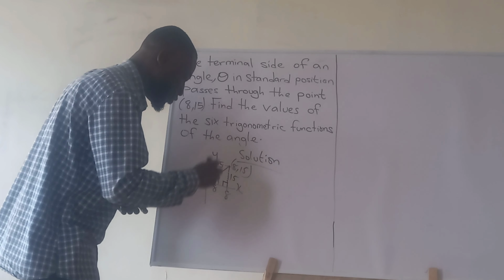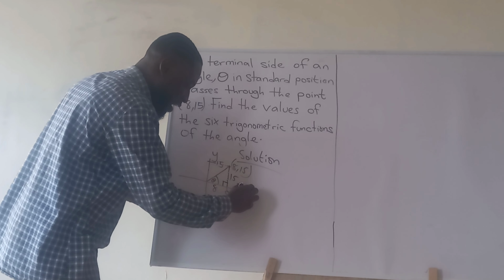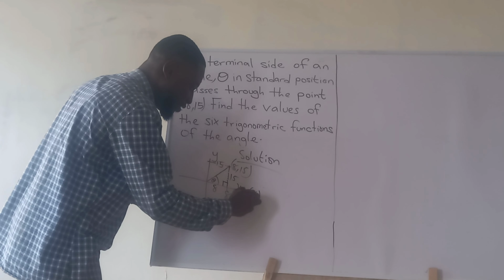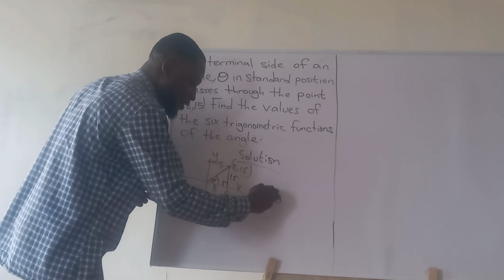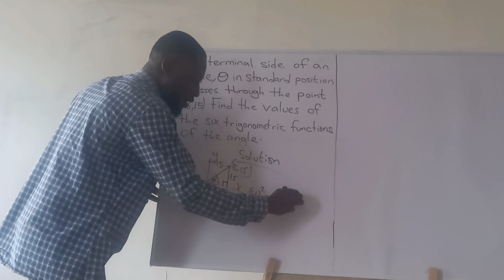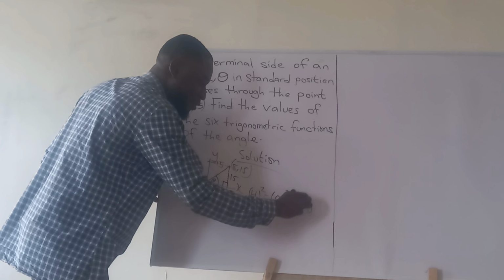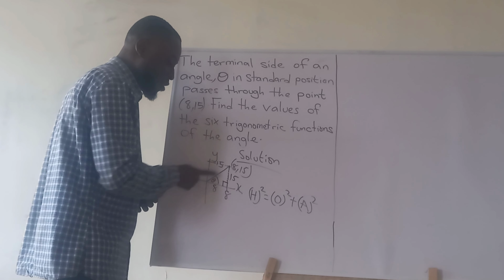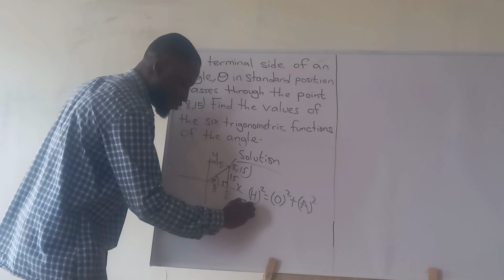So let's do that. That's hypotenuse squared, let me write it here, equals opposite squared, let me use O, plus adjacent squared, let me use A. Our H here is the longest side. That's what we are finding.